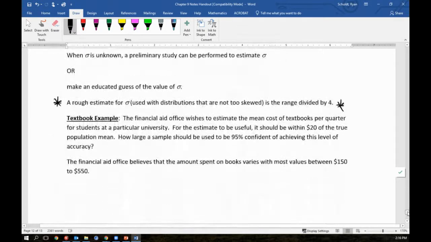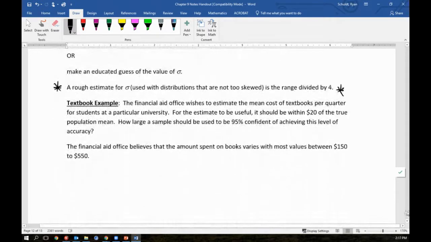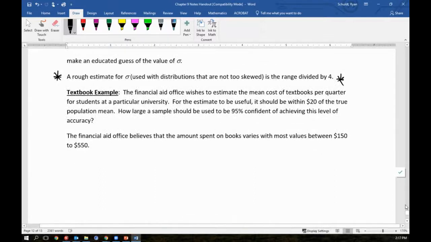So let's look at this last example. The Financial Aid Office wishes to estimate the mean cost of textbooks per quarter for students at a particular university. For the estimate to be useful, it should be within $20 of the true value. What does $20 represent?